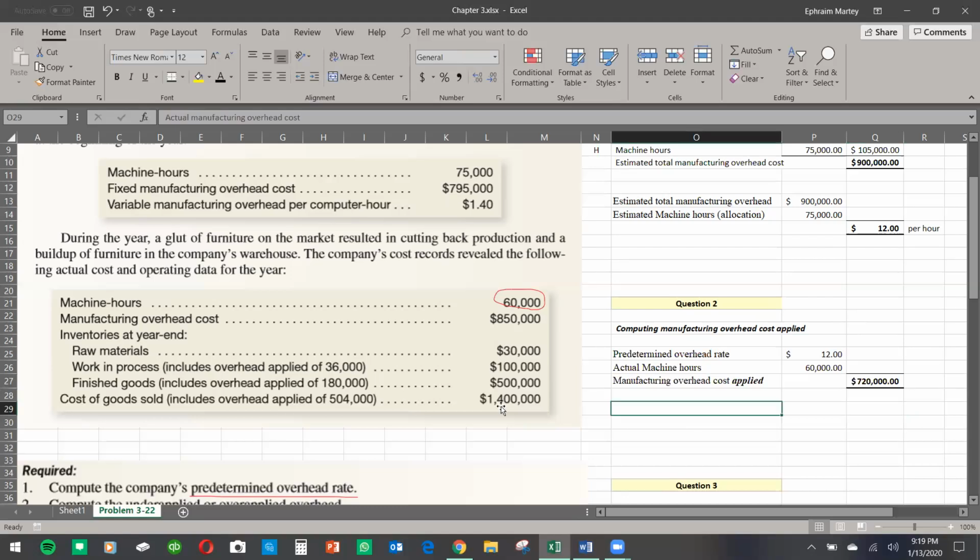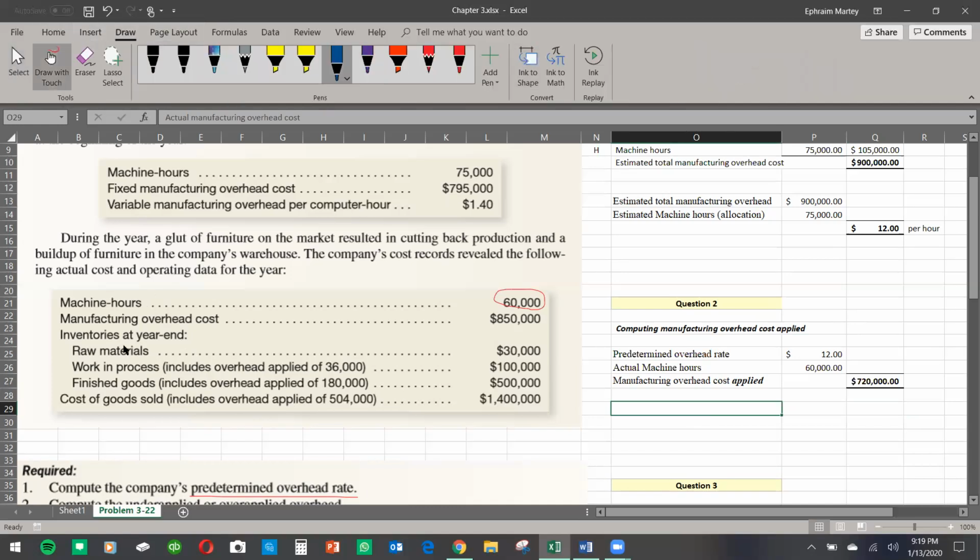What was the actual manufacturing overhead cost that was incurred? In this year, it was 850,000. You can tell even without computing that these two numbers are not equal. We estimated 720,000. We have 850,000.